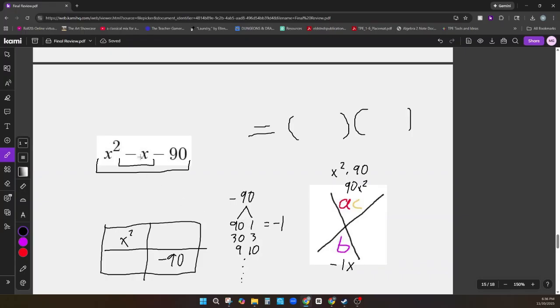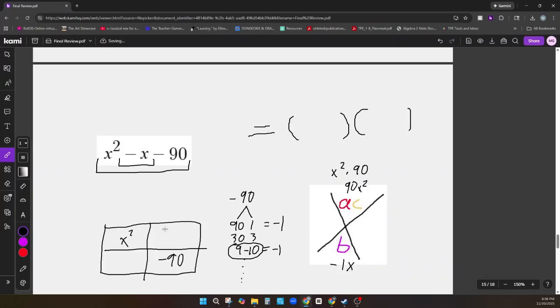So 90 and 1, adding or subtracting those are not going to give me a negative 1. Same thing with 30 and 3. However, I noticed that 9 and 10, those are 1 apart. So if I'm clever, I can make that be a negative 1. Now, I want more negatives, so I'm going to make my 10 negative, and this is, of course, 9 minus 10 will give me negative 1. So I found my combination that works.